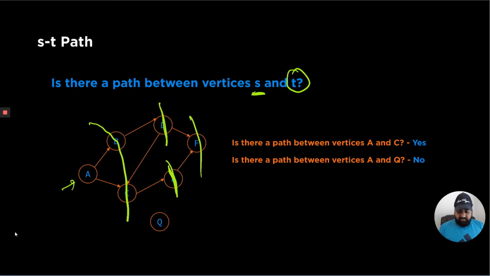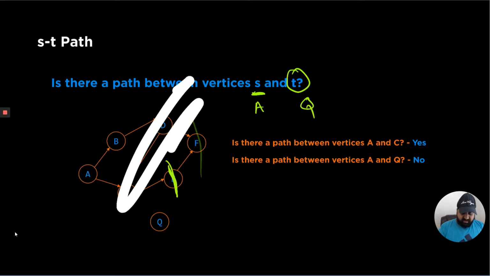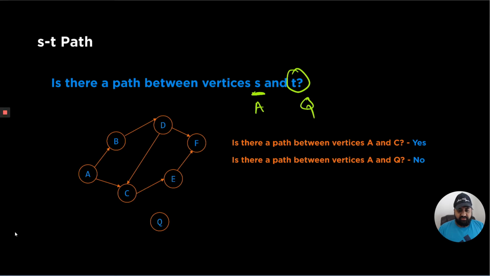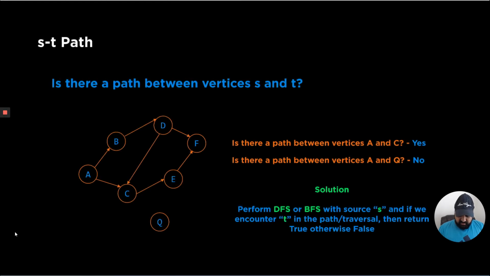If we are trying to find a path between A and Q, since Q was not in the BFS, when we pushed the vertices into the queue, that means Q is not connected, or there is no path between A and Q. Similarly, with DFS, we can do a DFS traversal, and if we find this vertex T in our DFS traversal, that means there's a path from A to T. So this will return whether there's a path or not between two vertices provided in the question.